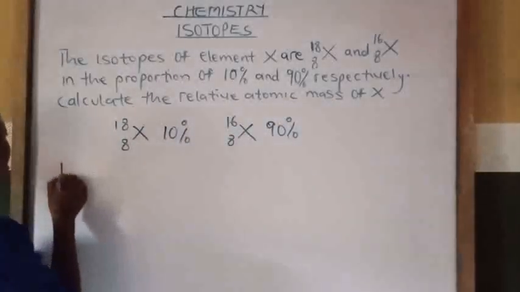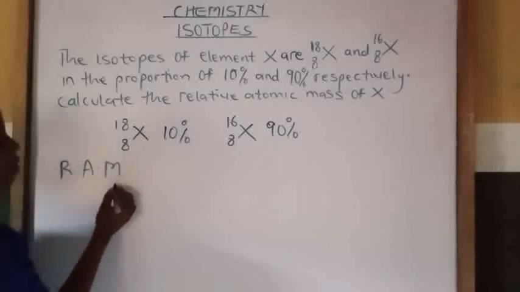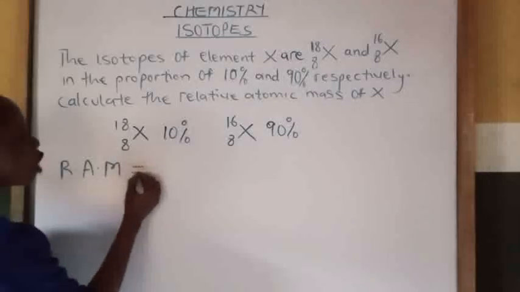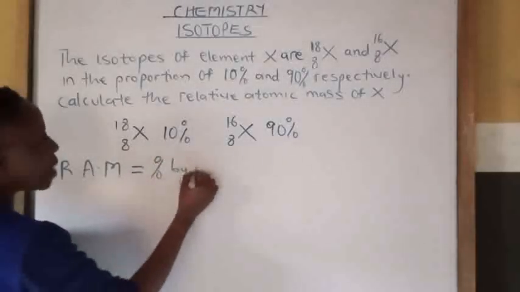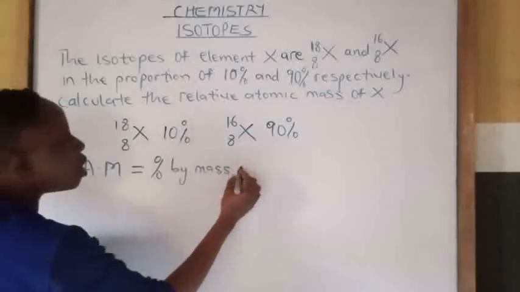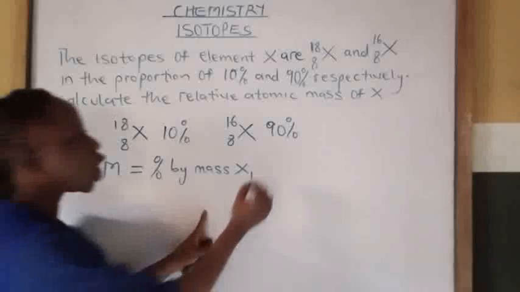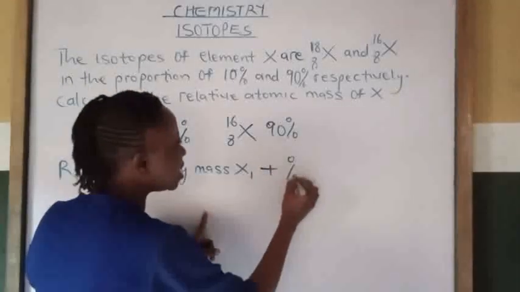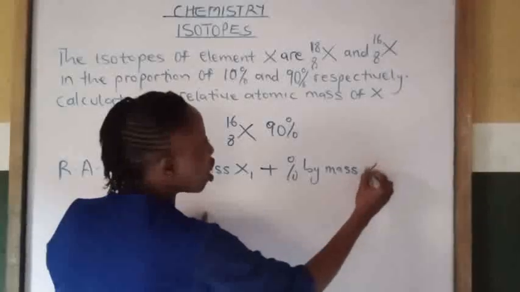Now to calculate the relative atomic mass, the relative atomic mass will be equal to the percentage by mass of the first element plus the percentage by mass of the second element.